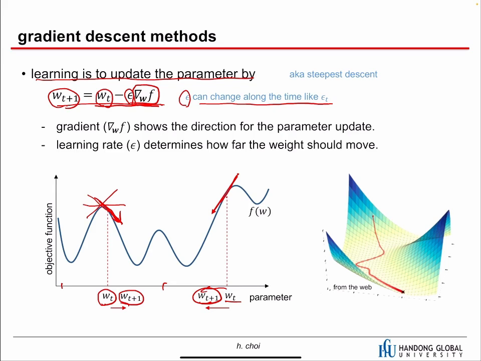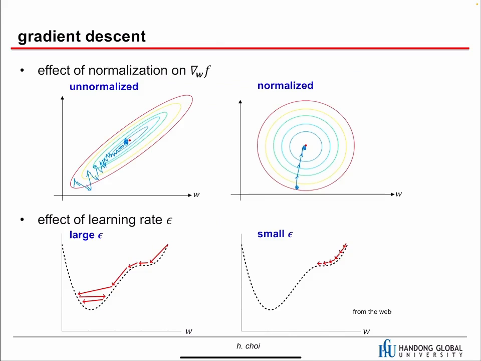Then based on this gradient method, every time we move and we move and we move, and then finally gradually we converge to the local minimum. Okay. And when we use gradient descent, then the effectiveness of this gradient descent method depends on the shape of the function or the learning rate. Okay.